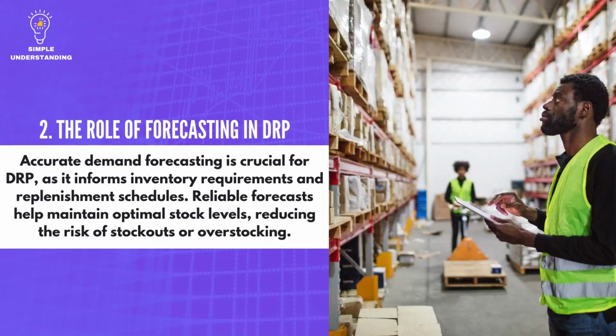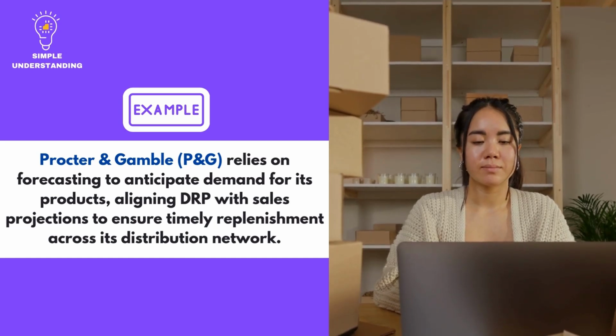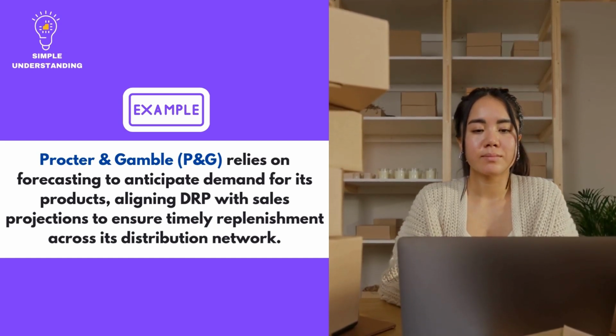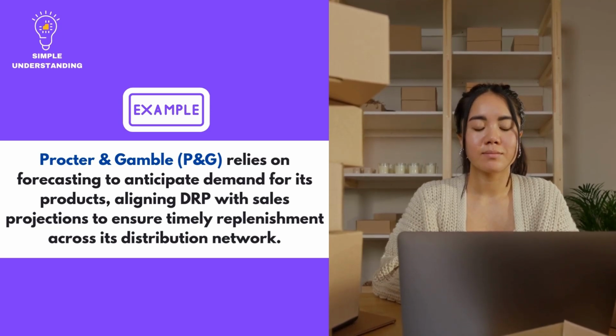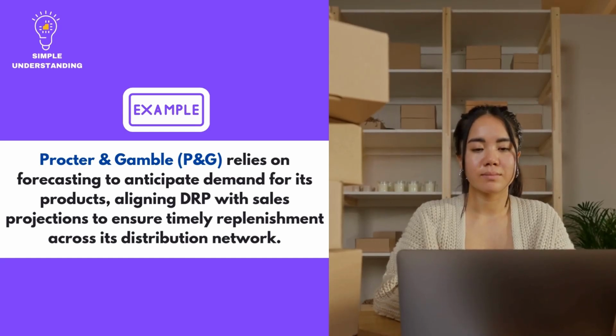2. The role of forecasting in DRP. Explanation. Accurate demand forecasting is crucial for DRP, as it informs inventory requirements and replenishment schedules. Reliable forecasts help maintain optimal stock levels, reducing the risk of stockouts or overstocking. Real company example. Procter & Gamble, P&G, relies on forecasting to anticipate demand for its products, aligning DRP with sales projections to ensure timely replenishment across its distribution network.